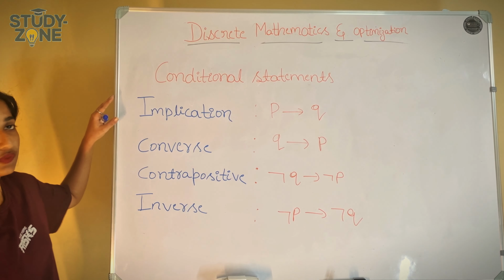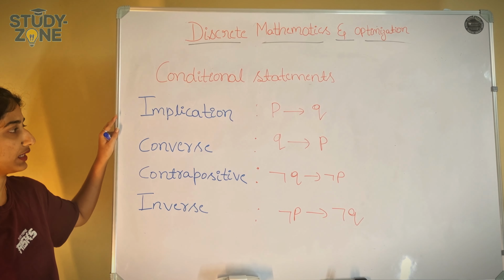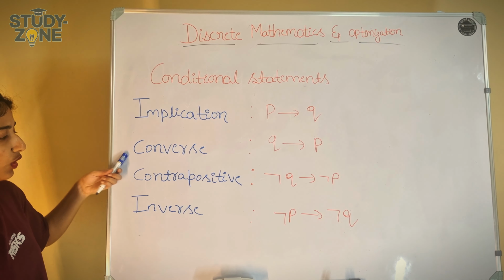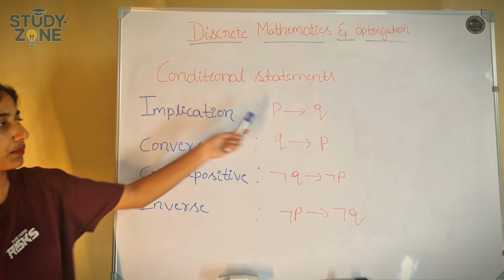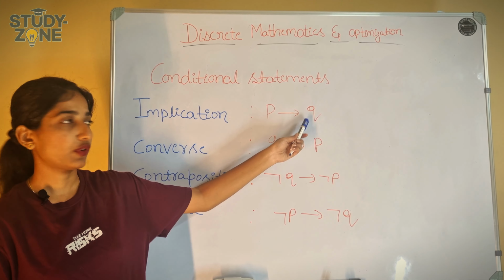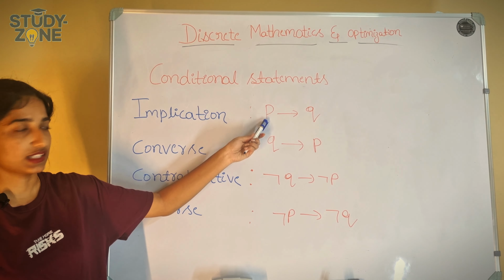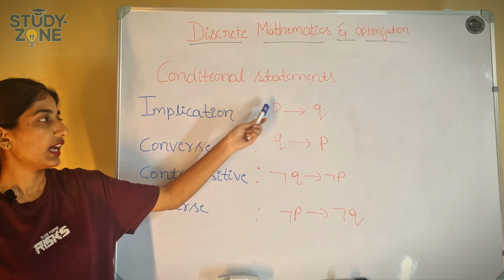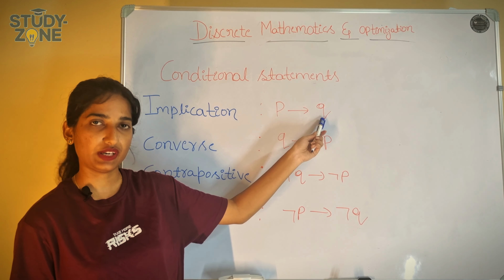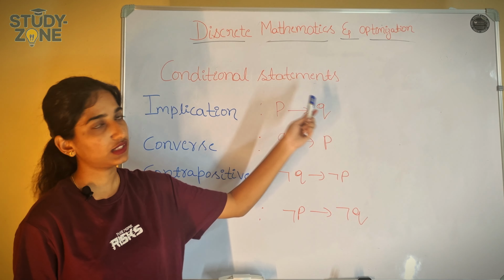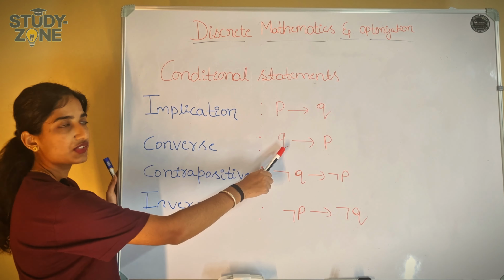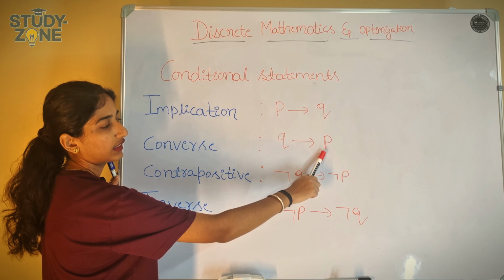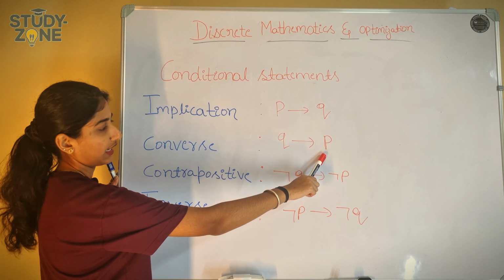Okay, so these are all the four types of conditional statements. They are implication, converse, contrapositive and inverse. Implication means P implies Q. For example, if it rains, then the ground will become wet, right? And then converse, if the ground is wet, then it means there is rain, correct?